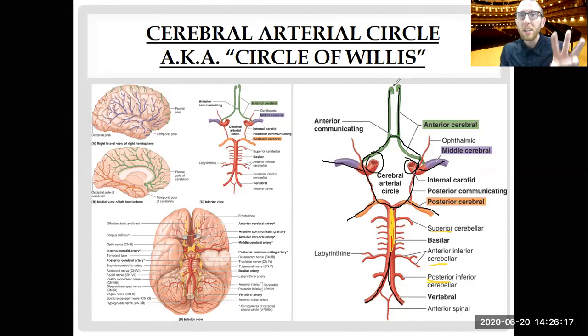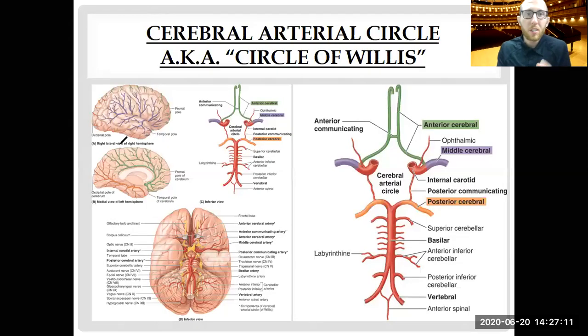Those are the three different types of cerebral arteries in the brain, but there's two more that we cannot overlook. These two are the anterior communicating, which connect the anterior cerebral arteries, and the posterior communicating, which connect the posterior and middle cerebral arteries.